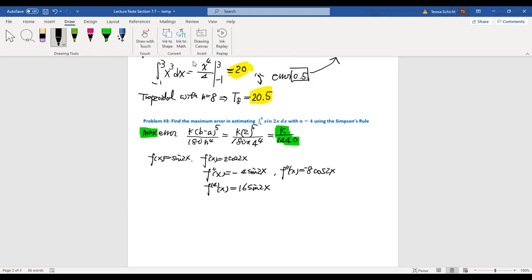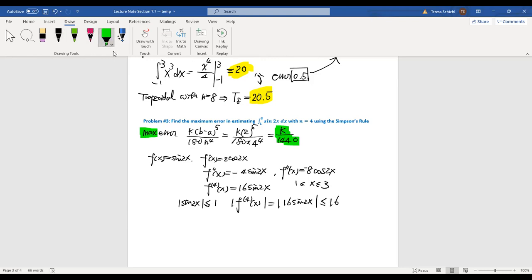Now my x is from 1 to 3. I know sine 2x is always less than or equal to 1, because the sine function is always less than or equal to 1. So the fourth derivative, 16 sine 2x, is less than or equal to 16.